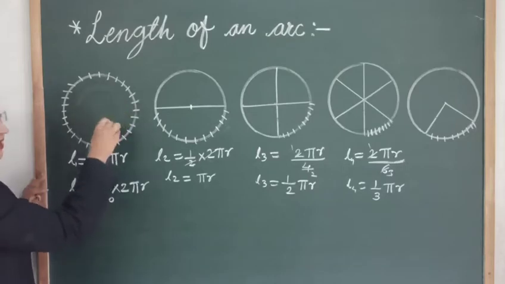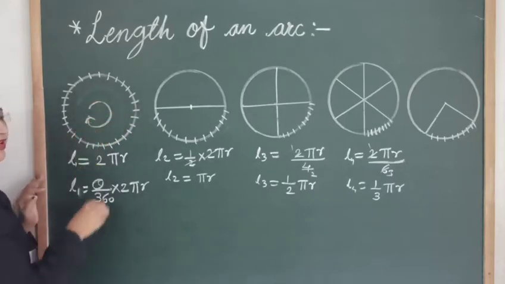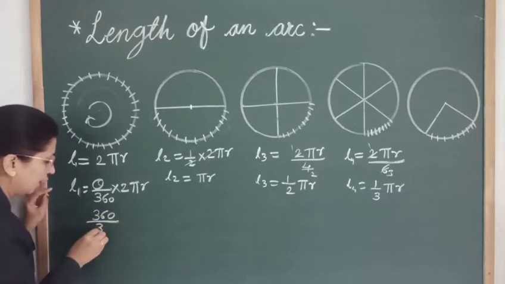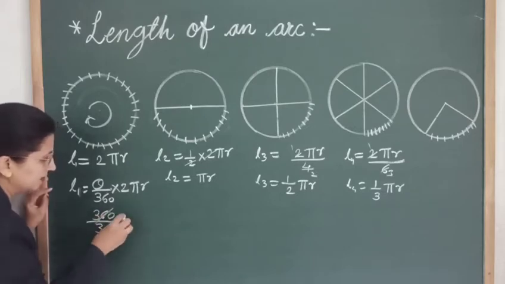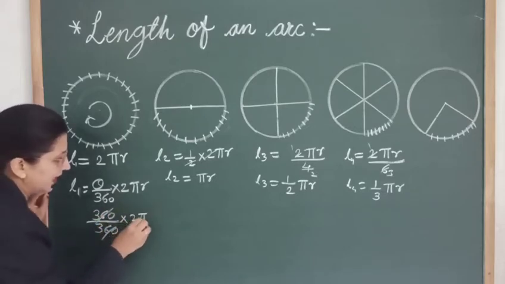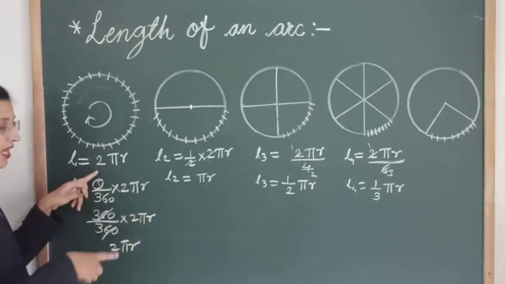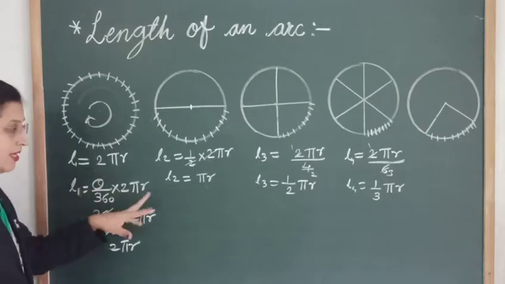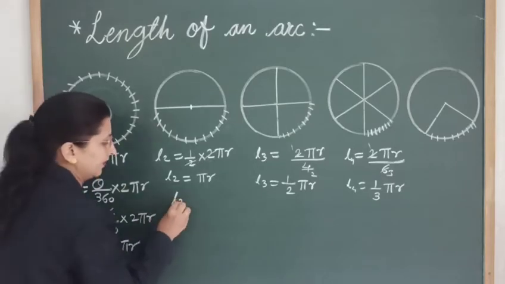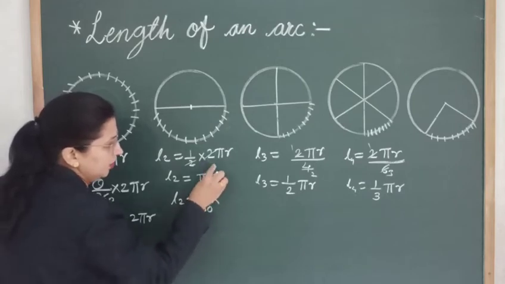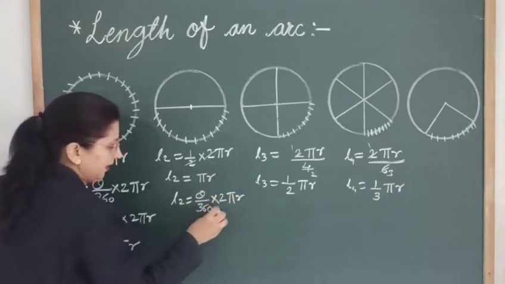Now for the first circle, what is theta? We considered the whole circle here, so theta will be 360. So 360 upon 360 into 2 pi r gives only 2 pi r. So the length of this arc will be 2 pi r. Similarly here, theta upon 360 into 2 pi r.